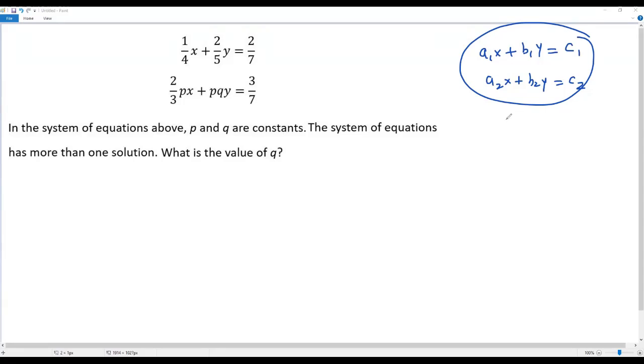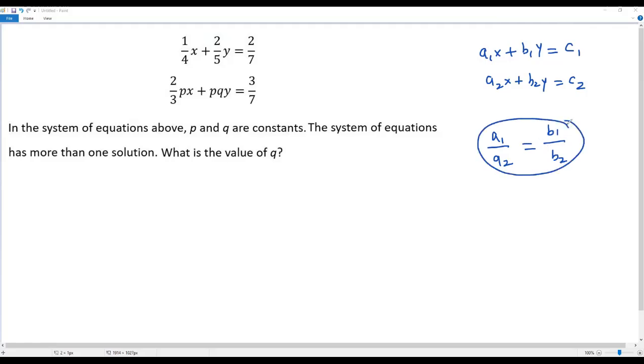For both the scenarios, the coefficients of x and the coefficients of y must be proportional. That is the ratio between the coefficients of x, a1 over a2, and the ratio between the coefficients of y, b1 over b2, must be equal. That means the coefficients of x and y are proportional.